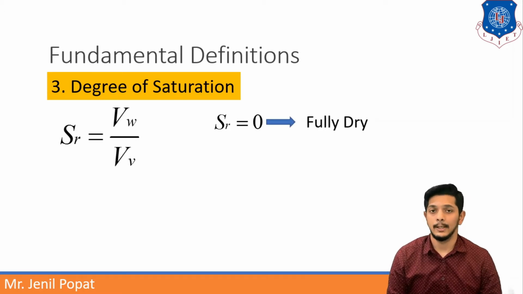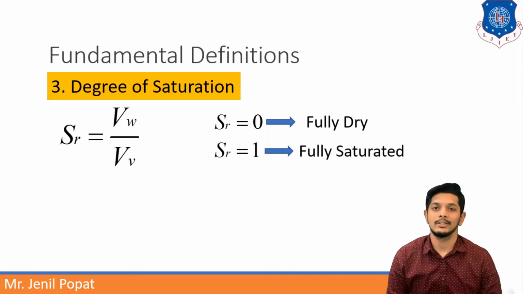If it is fully saturated soil, then all the voids will be filled by water only, so in the denominator Vv is equal to Vw. So Vw will cancel out and Sr will be 1 for fully saturated soil. Generally Sr is expressed as a percentage value.